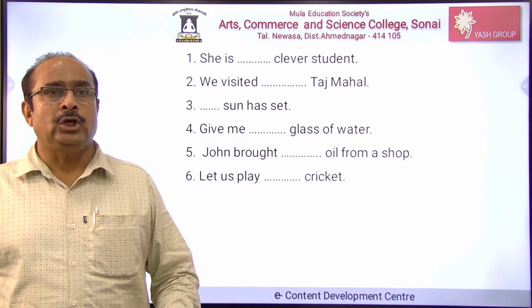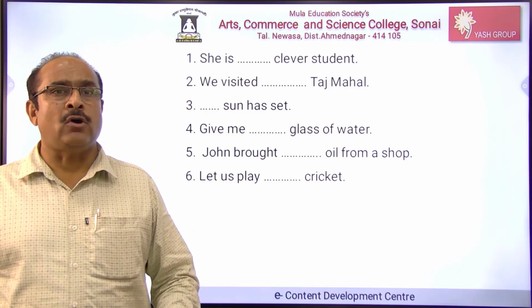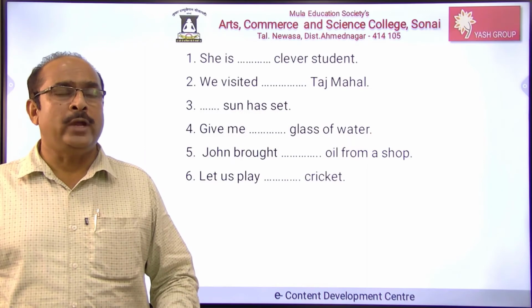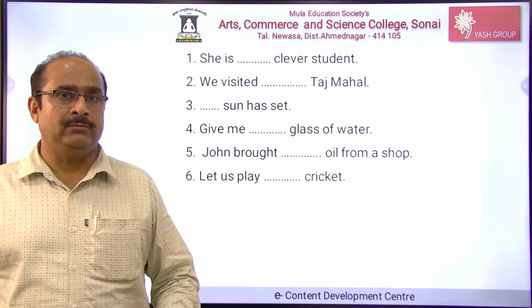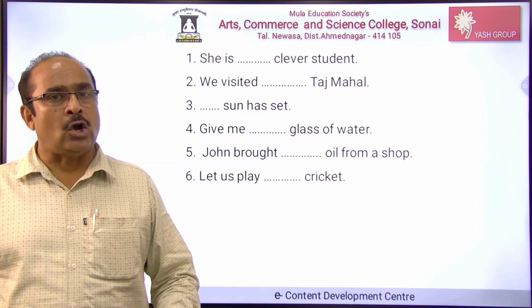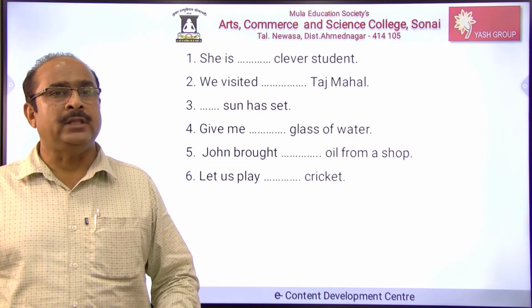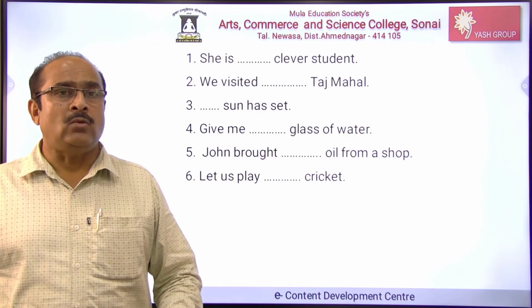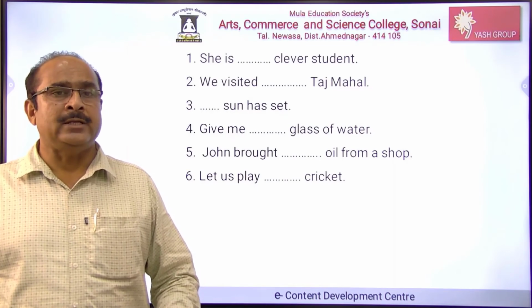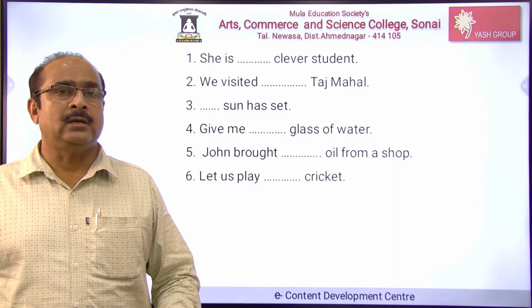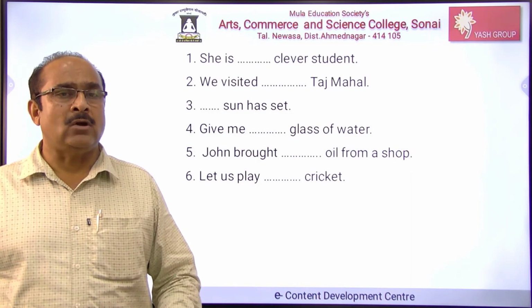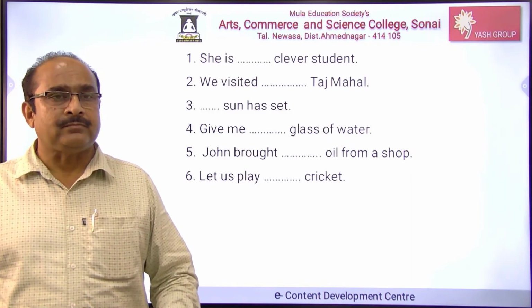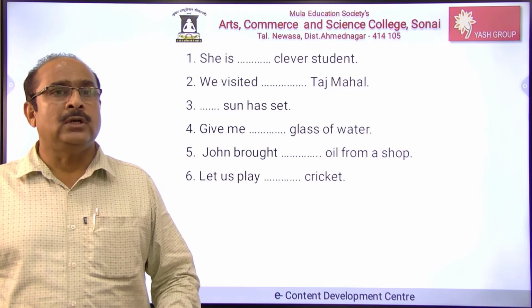Next sentence. John brought dash dash oil from a shop. Now, in this sentence, we have to think about the noun oil. Shop is a countable noun, but it has come in the post modification of the noun phrase. The main noun is oil, and as we know, oil is an uncountable noun. So we have to use an... sorry, we have to use zero article.